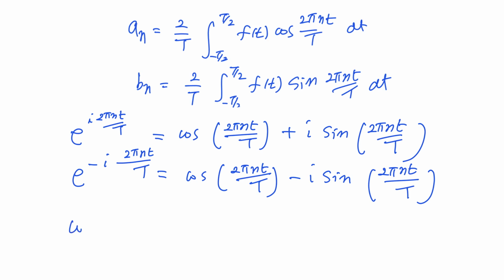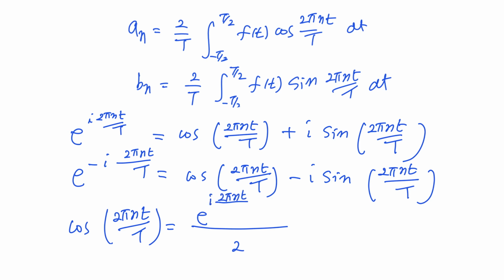So cosine 2 pi n t over T is basically 1 over 2 times exponential i 2 pi n t over T plus exponential minus i 2 pi n t over T.